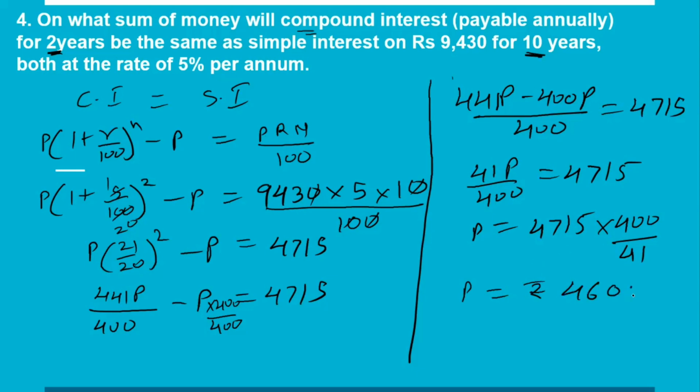So this is how we found the principal for the compound interest. When the principal is 46,000 and it is kept for 2 years, and here the principal was 9,430 for 10 years, you get the same compound interest and simple interest. Okay, let's move on to the next question.